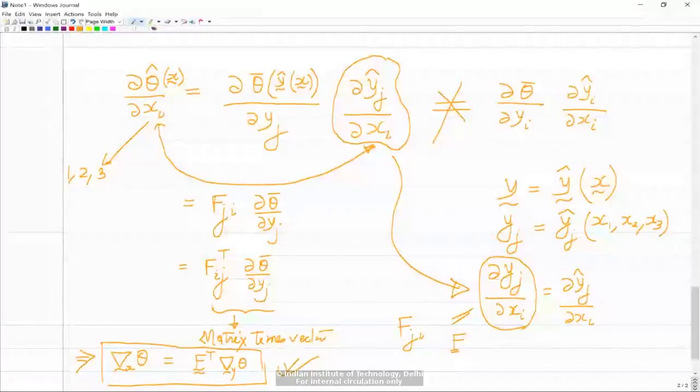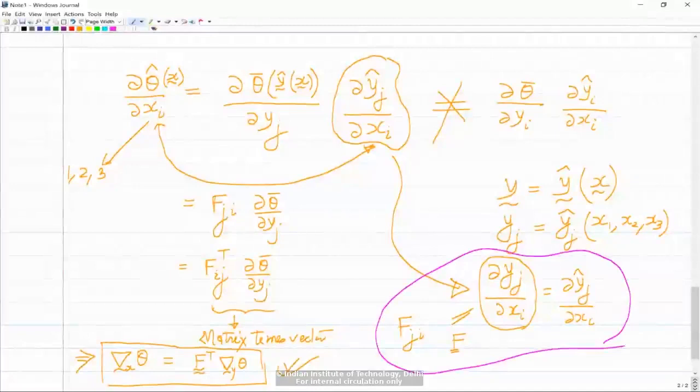How do we calculate F? So you see, that is the definition for F over here. Fji is ∂yj hat by ∂xi. So to calculate F, you have to know this function y hat. The deformation you have to know.